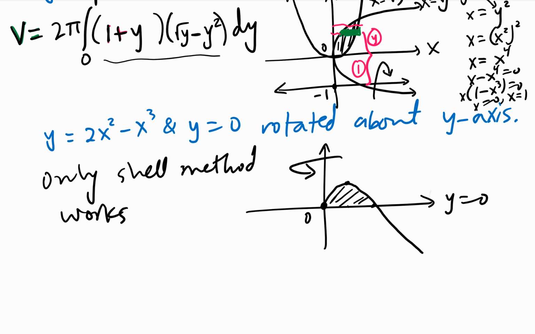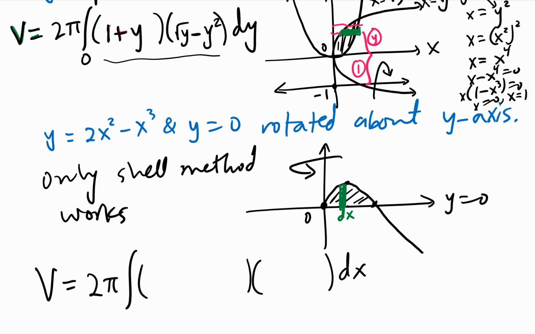So how is that going to work here? The volume is 2 pi for shell. So we have the rectangle parallel to the axis of revolution, dx. That dx is going from 0 to 2.